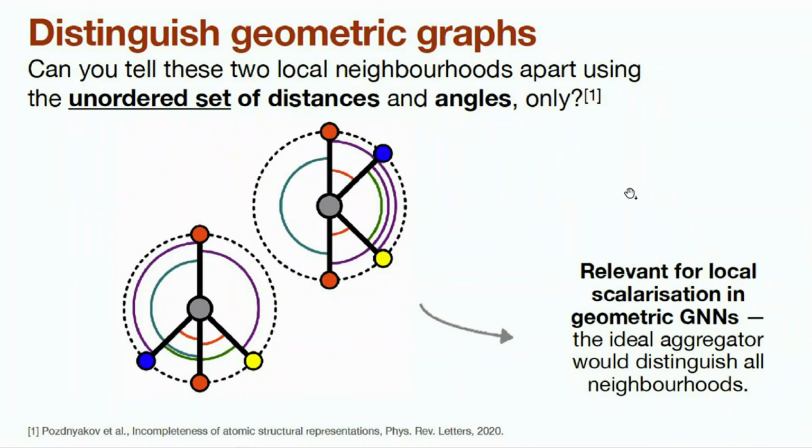And this is another example, because you still have this rotation that we need to handle, the freedom of this rotation, where you could have two very different molecules, but the only difference is that it cannot be captured by this three-body scalarization.